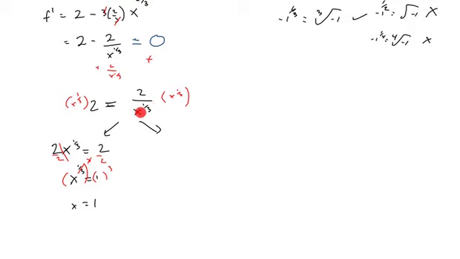Whenever I have a variable in the denominator, I need to be aware that something is a problem. I'm going to have to pay attention. I'm going to have to set a condition where this denominator is equal to 0.